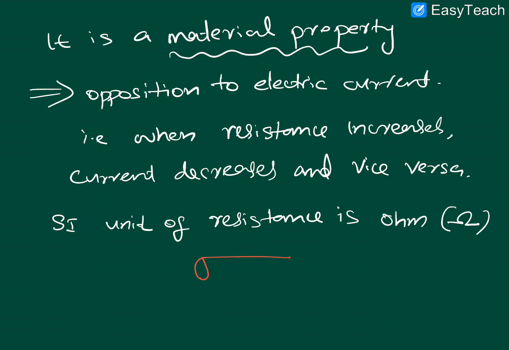If you have a conductor and you are connecting it to a battery, then there will be a voltage, so current will flow. When current is flowing through a circuit, it means charges are flowing. So when charges flow easily, current will be more, because more charges can flow.